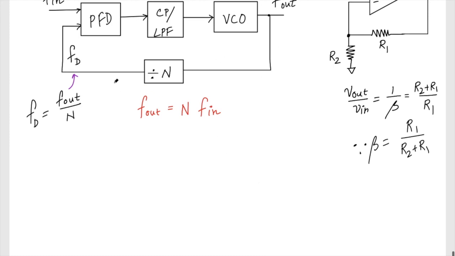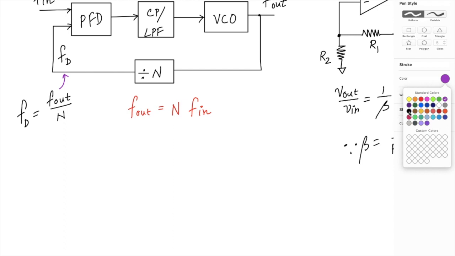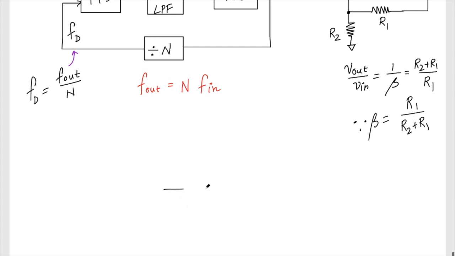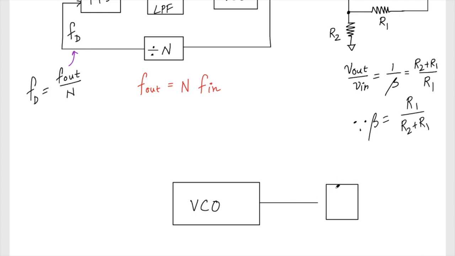If I see from here to here, it is as if I have a VCO, and if I put a divider, divide by N, and give some voltage, of course this is V control, it is going to give me an omega out.